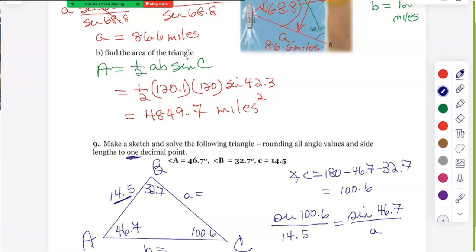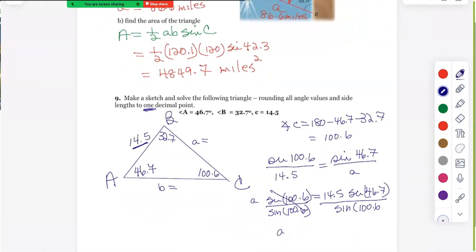That's going to equal 14.5 times the sine of 46.7. Be in the habit of closing your parentheses on your angles when you put it in your calculator. I want to isolate my A, divide by the sine of 100.6. That goes in your calculator, and you should be getting side A is 10.7. That was less than 14.5, so that makes sense. Side B should be even smaller.